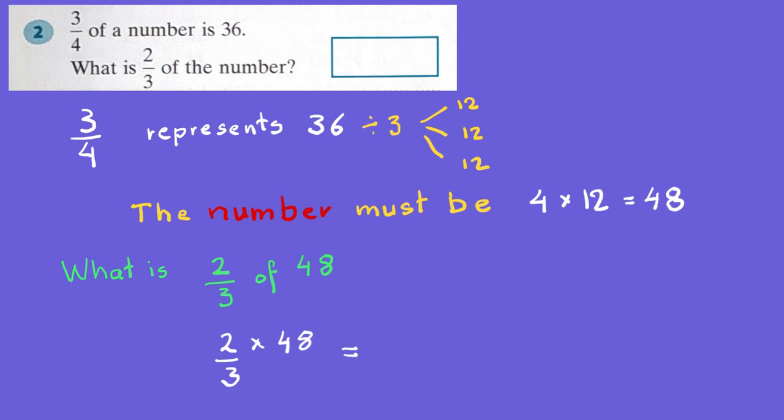Now at this stage I would want to simplify 48 and 3. 3 into 48 goes 16, so I can write 16 here and 1 here, and all I need to do now is multiply 2 times 16, and the answer would be 32. And since that's the answer, we need to put 32 into our rectangle above.